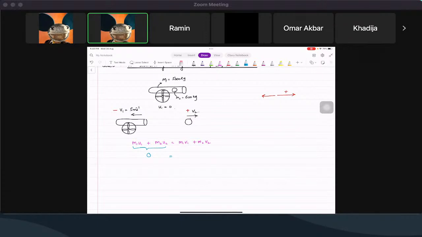Afterwards, m1, which was 5000 kg, moves with minus 5 because it is in the opposite direction, and this moves with 600 kg with v2. So you take 5000 times 5, it is going to be 25,000, and this is going to be 600 v2. So v2 is going to be 25,000 divided by 600, which is about 42 meters per second. Do you guys understand this? Pretty easy, right?